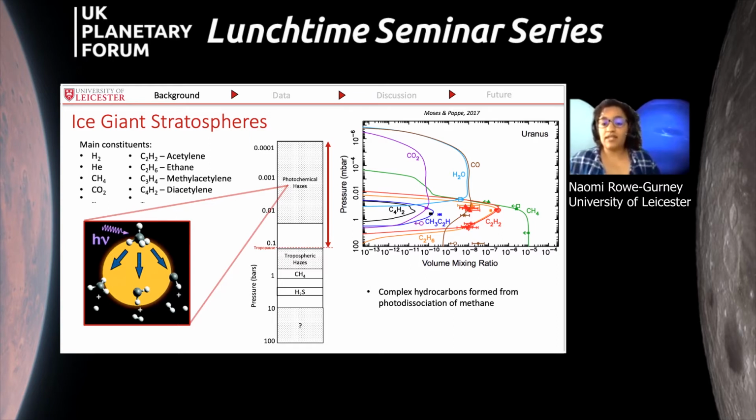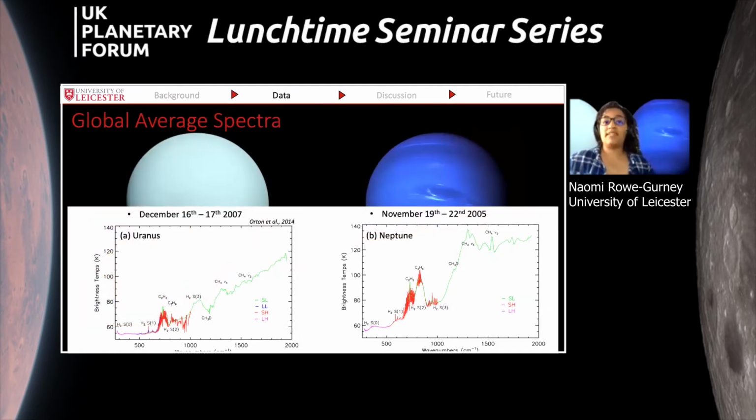It's broken down into these complex hydrocarbons by photolysis or photodissociation, and these abundances on the right show we have methane in the stratosphere, as well as these more complex hydrocarbons like acetylene and ethane being the main two, and then also some smaller abundances of methylacetylene and diacetylene. And all of these species have been observed using Spitzer.